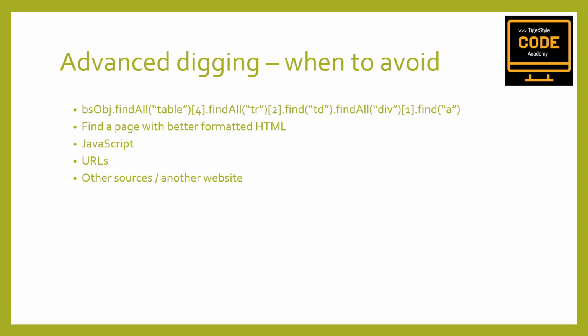And the next one is to look for URLs. This is more common for page titles, but the information might be available in the URL of the page itself. And the next one: if the information you're looking for is unique to this website, for some reason, you're out of luck. If not, try to think of other sources you could get this information from. Is there another website with the same data?